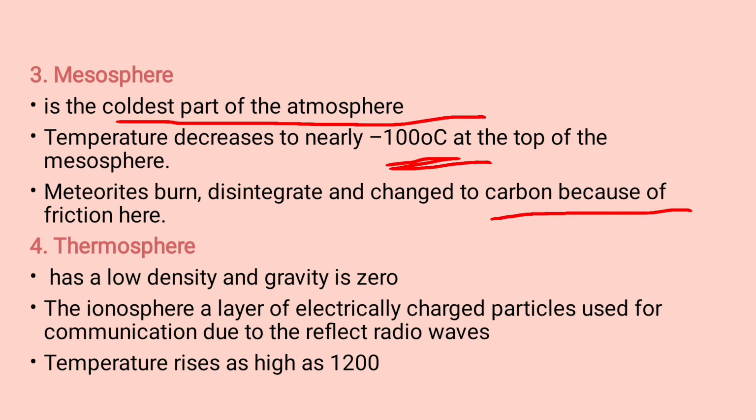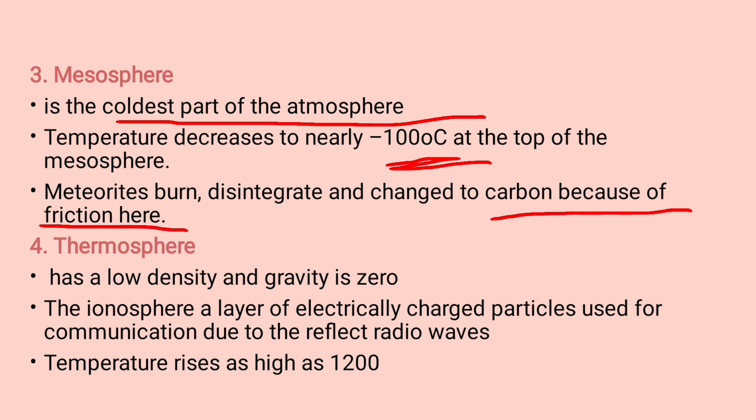Because of what? Because of the friction that exists here. So the atmospheric layer in which meteorites burn, disintegrate, and change to carbon due to frictional force is known as the mesosphere. The mesosphere is the coldest, while temperature decreases toward the top of the mesosphere.